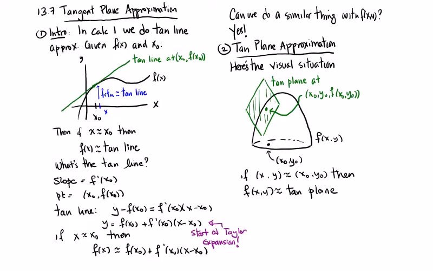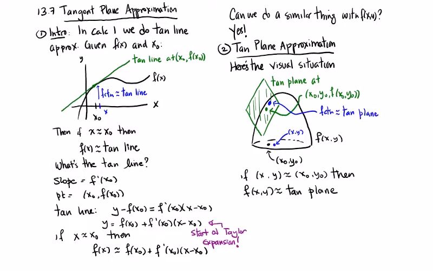For example, if I pick something that's close to this point, like that's xy, if I go up to the plane, it might be maybe about here. That's not going to be exactly on the function, but it'll be on the plane. It'll be close to the function. Right? So right here, the function is close to the tangent plane.